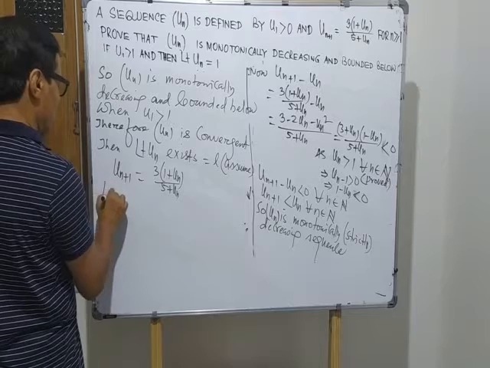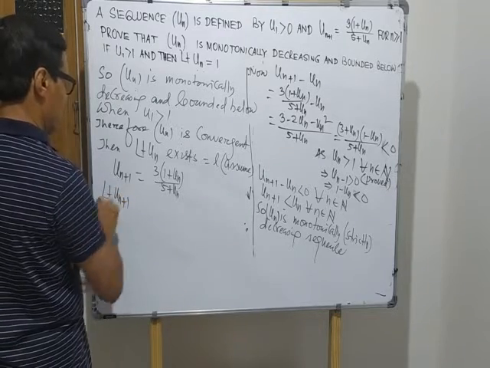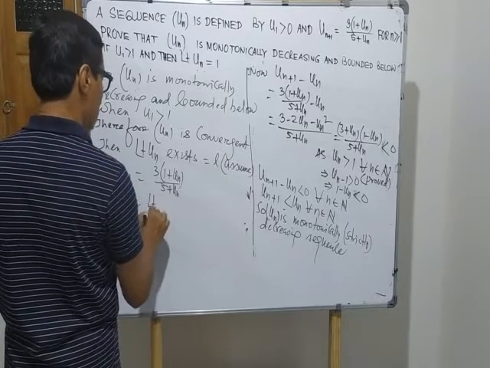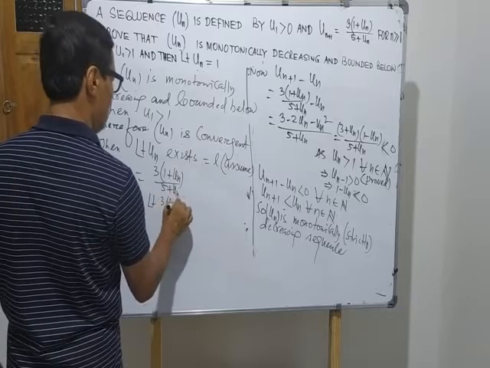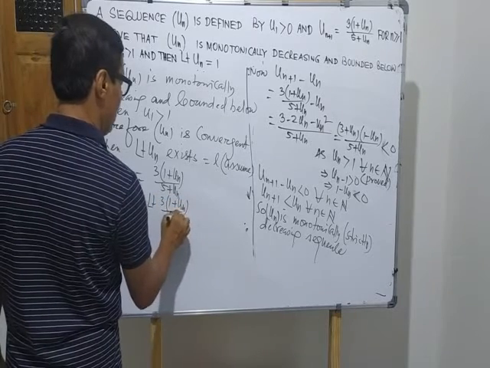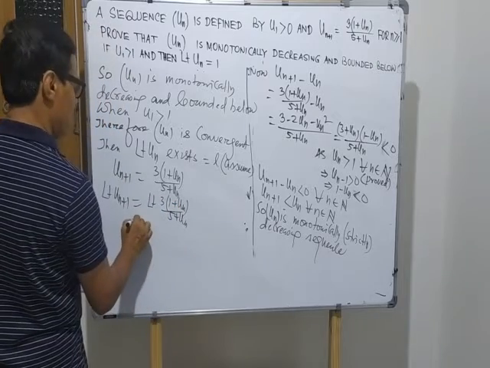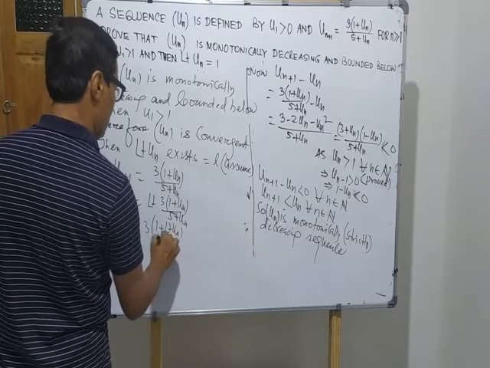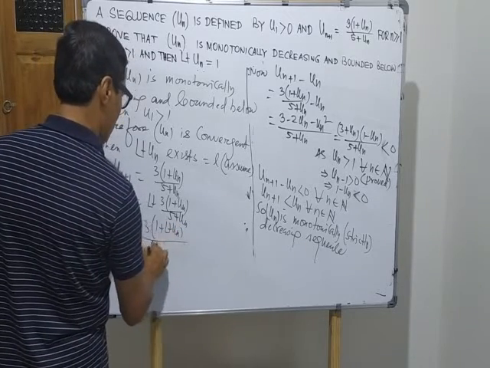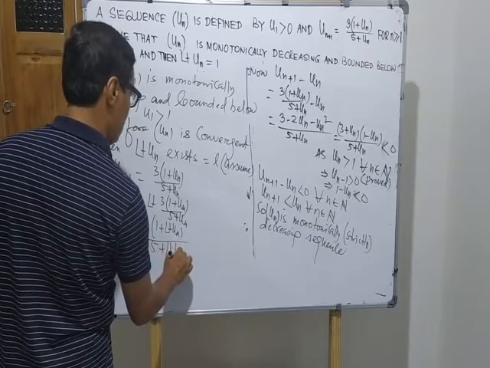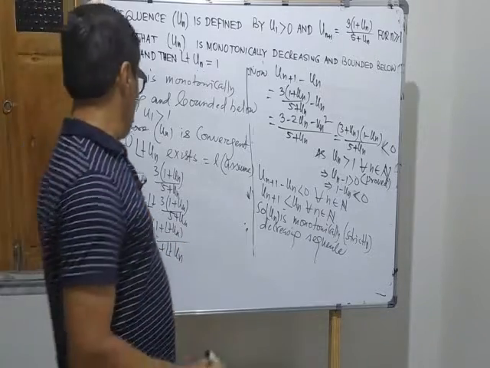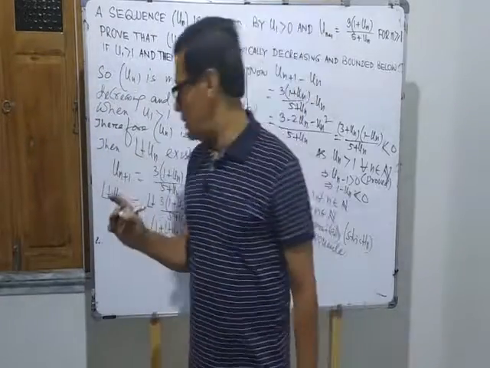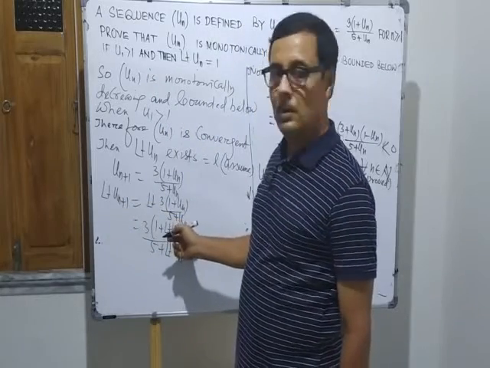So we can write limit un plus 1 equal to limit 3 times 1 plus un over 5 plus un. We can also write 3 into 1 plus limit un over 5 plus limit un, where limit means limit n tends to infinity.